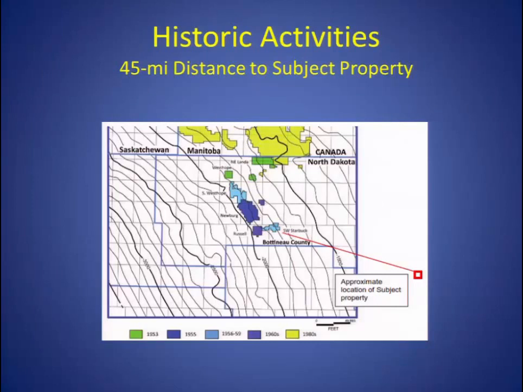The Newburg area came in the 60s, and in the 80s we started getting a newer play up here in this area. But you can see this is the last production, 45 miles from this particular area. So it's very clear that from a highest and best use standpoint, we are way, way, way away from anything that can be called production of income from production in oil and gas.